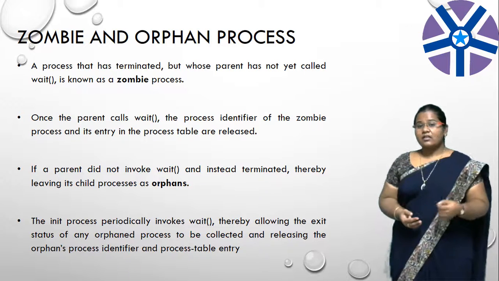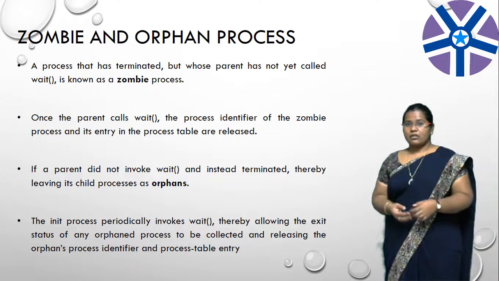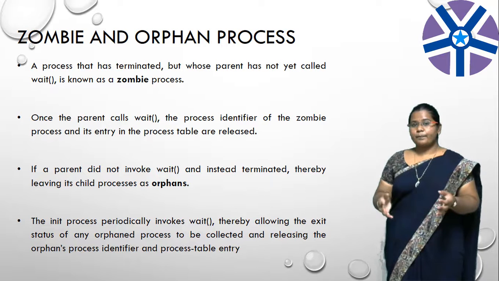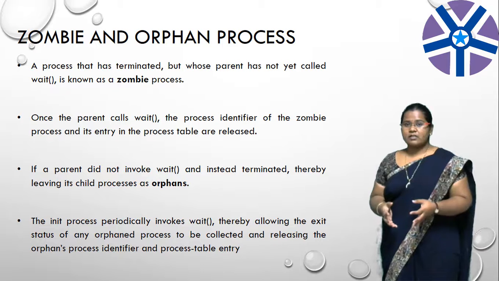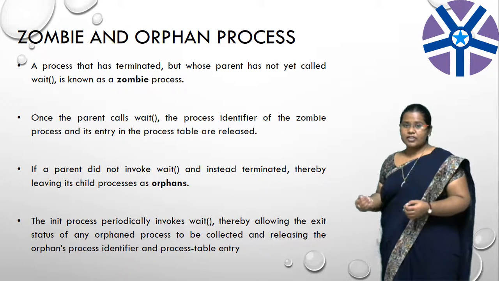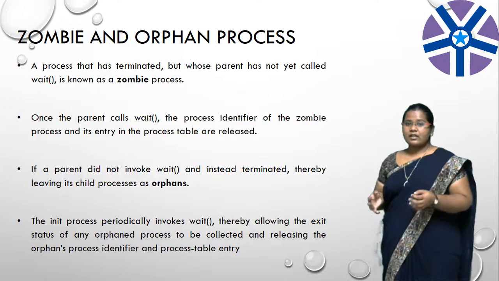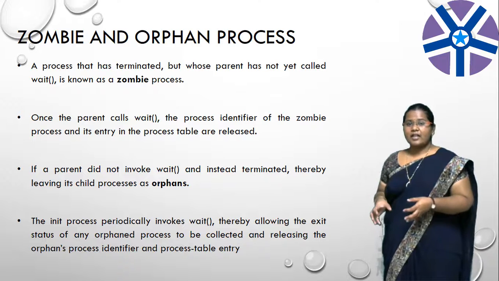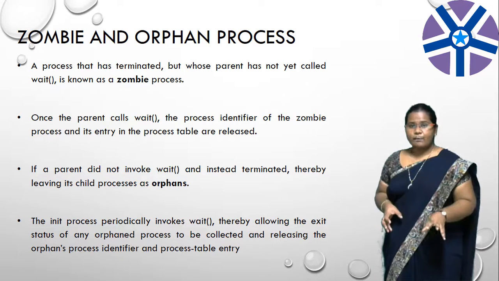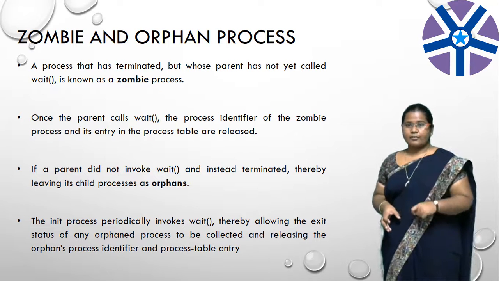Second is the orphan process. Whenever a parent process terminates without executing a wait system call, and the child is still being executed, such a child process is called an orphan process. A child process which does not have a parent process is called an orphan process.